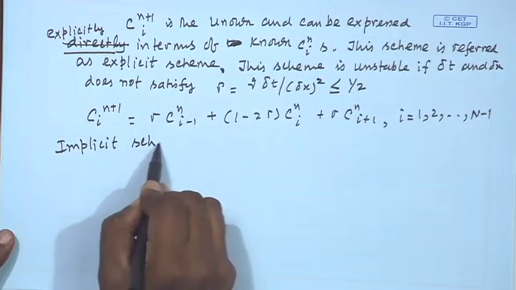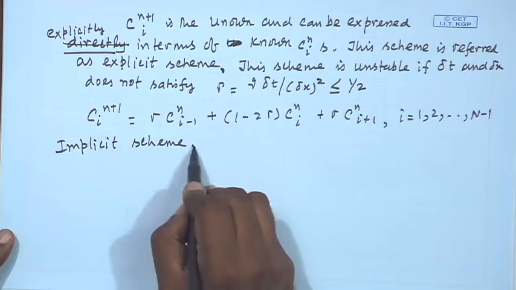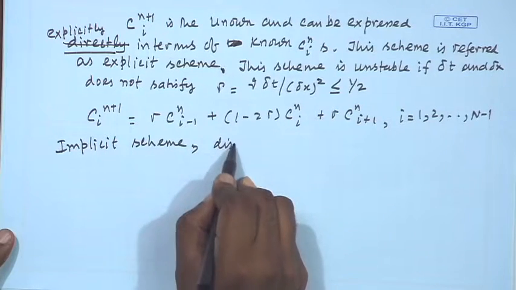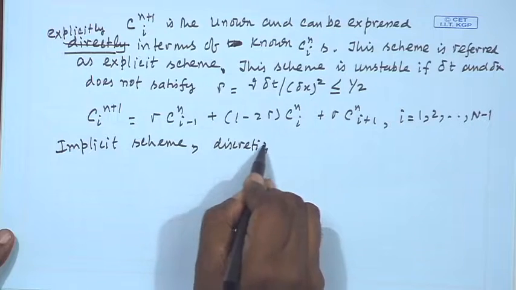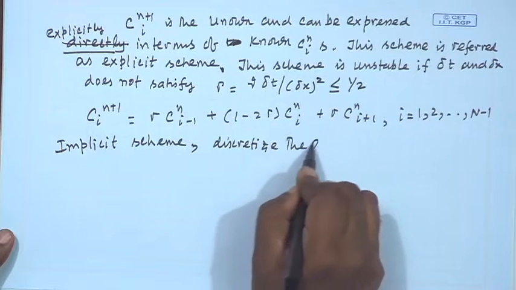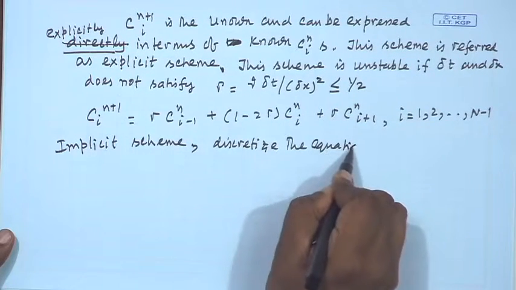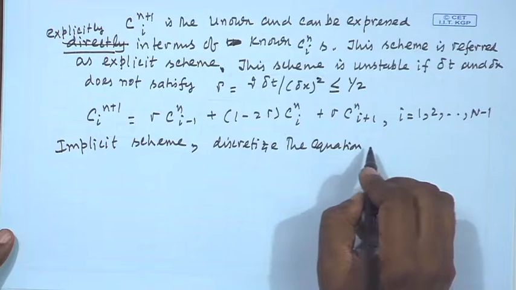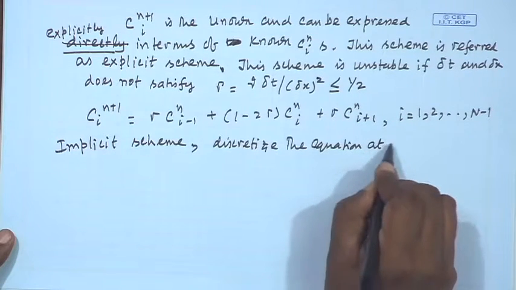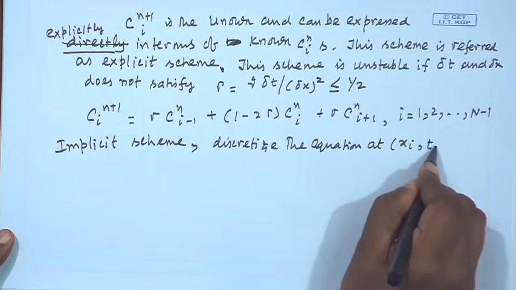That means we discretize the equation at xi, tn plus 1.